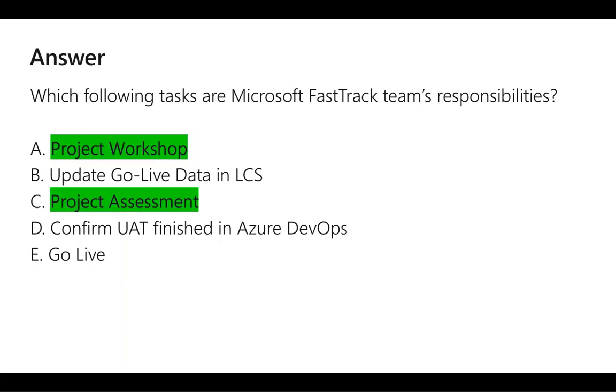It is the Microsoft FastTrack team's responsibility to run the project workshop and deliver the assessment after the checklist is received, and then continue the review until questions are clarified and mitigations are in place. This assessment process will be performed by the Microsoft FastTrack team. So the correct answer should be A, Project workshop, and C, Project assessment.